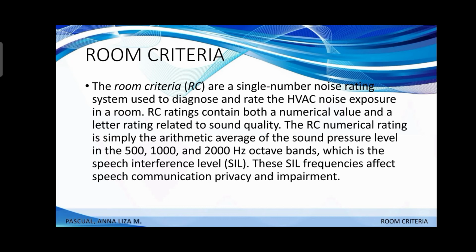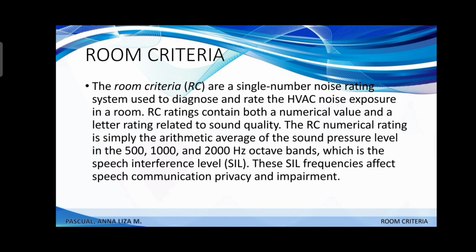RC ratings contain both a numerical value and a letter rating related to sound quality. The RC numerical rating is simply the arithmetic average of the sound pressure level in the 500, 1000, and 2000 Hz octave bands, which is the speech interference level, or SIL.